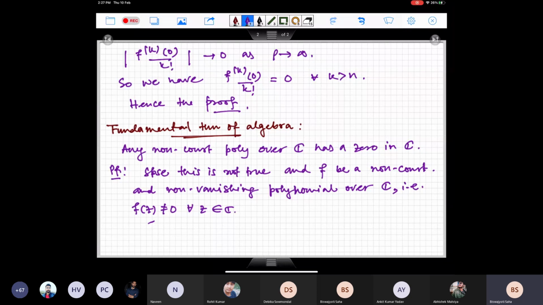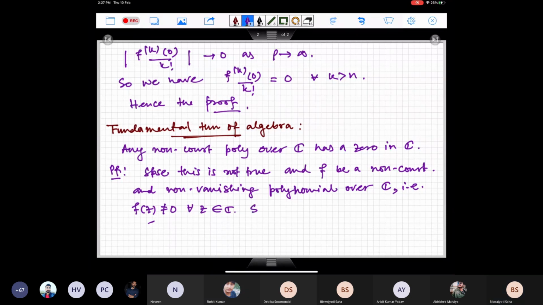Fine. Now the moment this function little f of z is not equal to 0, I am going to consider the reciprocal of this function, and that's going to be an entire function as well. These are the usual drill: whenever you have a function which is non-zero and differentiable, the reciprocal of that is also going to be differentiable.